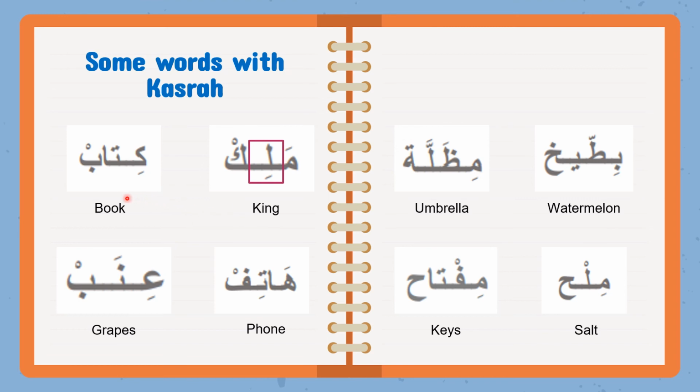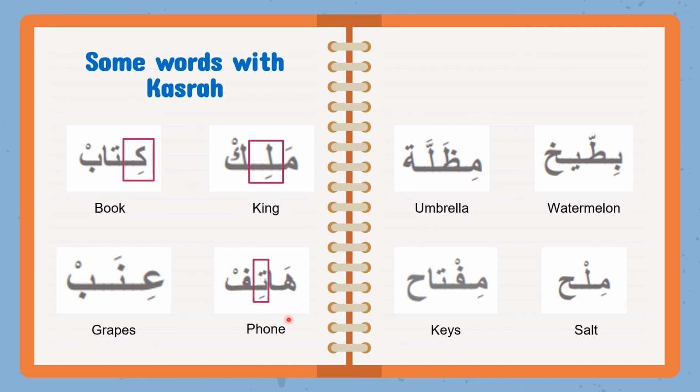Next we have Kitab. Kitab, which means book. In the word Kitab, kaf has Kasrah, and it will be pronounced as ki, and the rest as tab. Ba has a sukoon, and it will be pronounced as b.